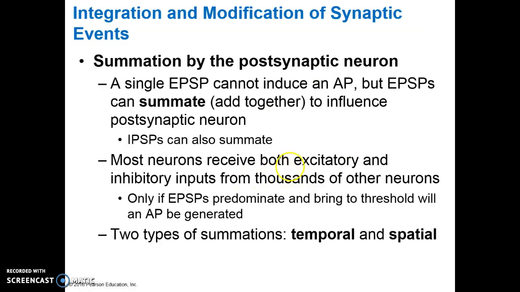Summation by the postsynaptic neurons. So we can add several stimuli to create a greater depolarization or hyperpolarization, depending upon the needs. And there are two types: temporal and spatial summation.